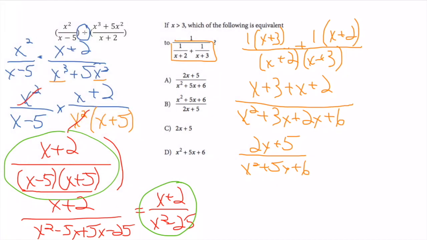Which looks like A, right? But let's not forget that this was all 1 over all of that orange. So really this is the same as saying 1 divided by 2x plus 5 over x squared plus 5x plus 6.